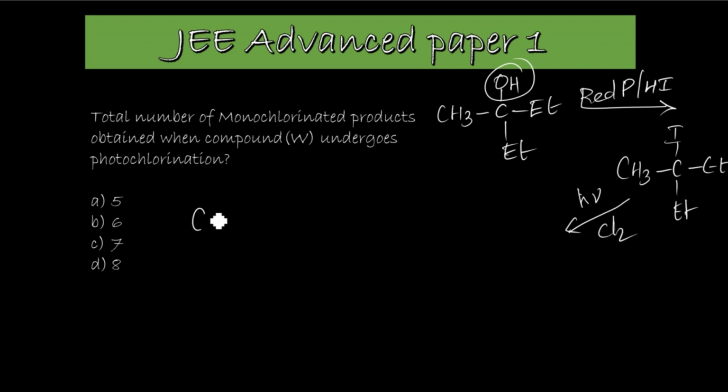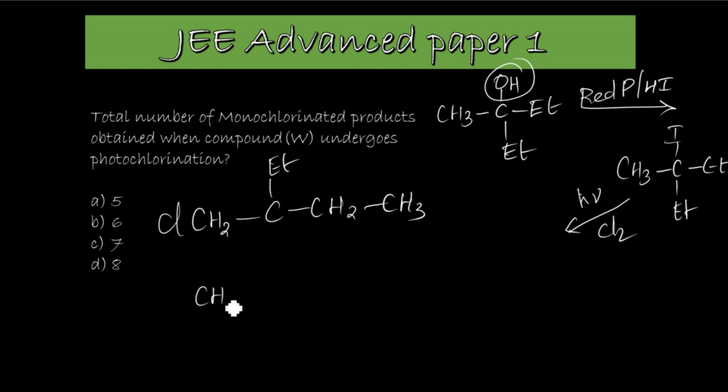The first possibility, it can give CH2Cl, I mean that this part, that is 1. I'm writing those separately. Okay. Another possibility would be which is attached with here. So, remember, I'm writing as such as ethyl. This is ethyl and this is also ethyl.